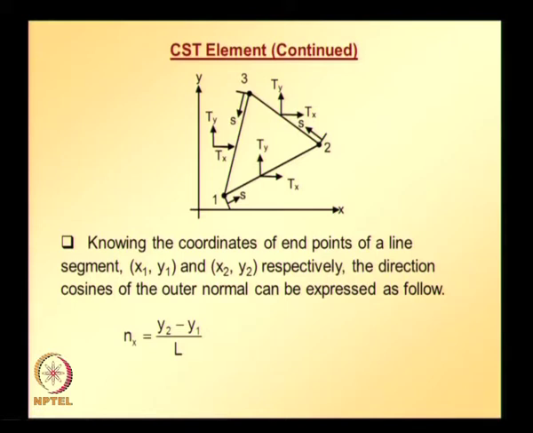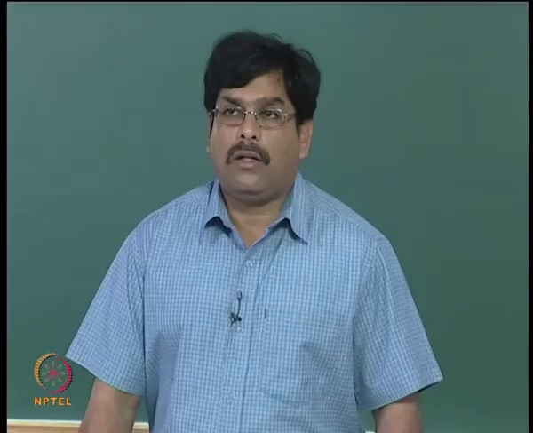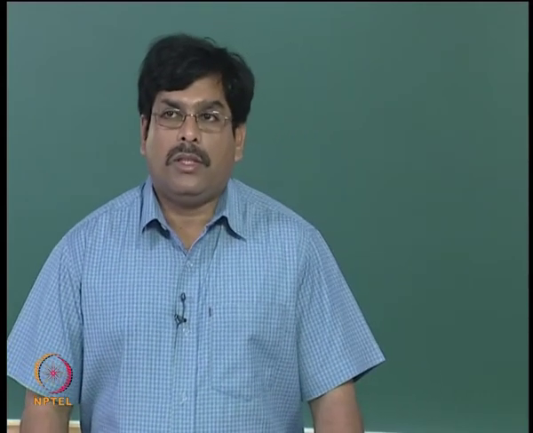Suppose we are interested in edge 1 2. We need to know the coordinates of the endpoints of the line segment joining 1 to 2. x1, y1 are the nodal coordinates of node 1, x2, y2 are the nodal coordinates of node 2.